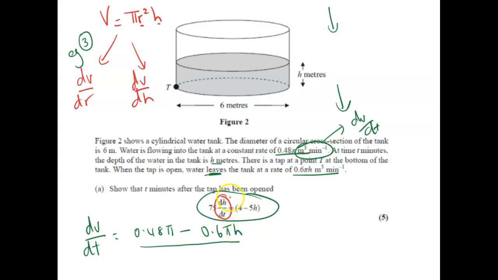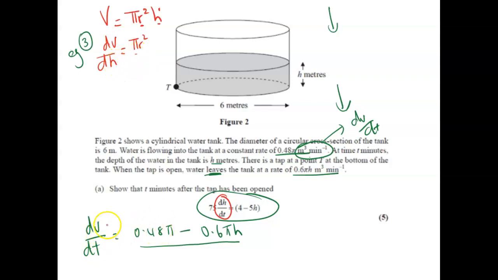So that is giving me a hint that perhaps I should differentiate with respect to h so that I could get a dh here. So now differentiating this with respect to h, I would simply get pi r squared, because this r squared is just treated as a constant and the h is really h to the 1, so differentiating this would end up being just 1. So this is my dV/dh.